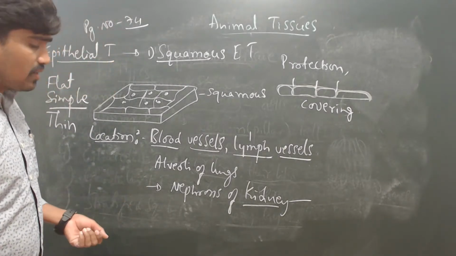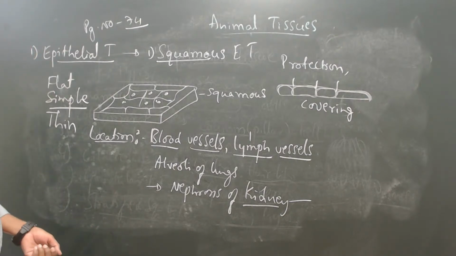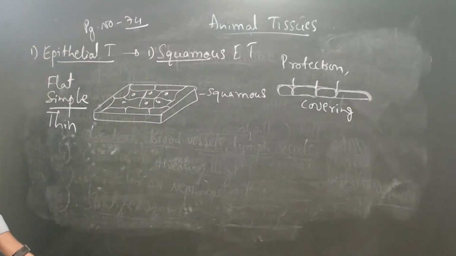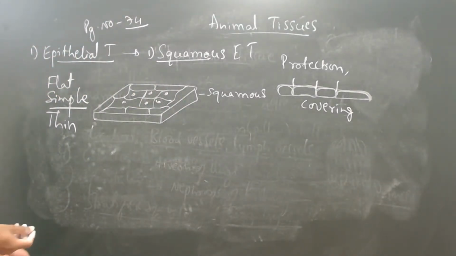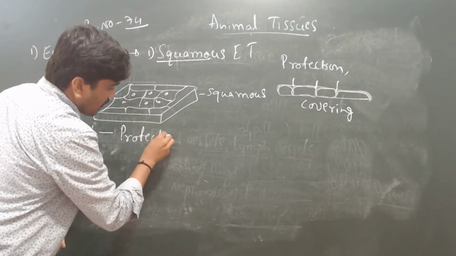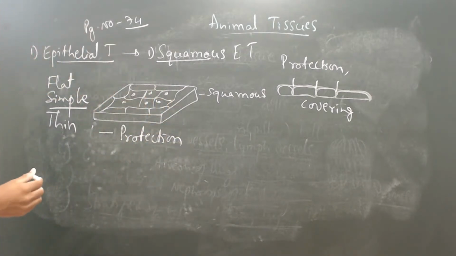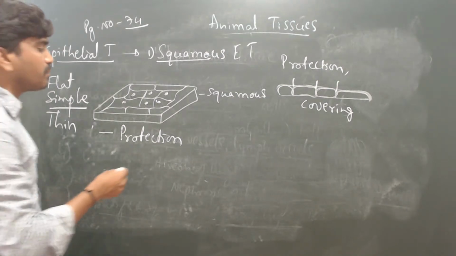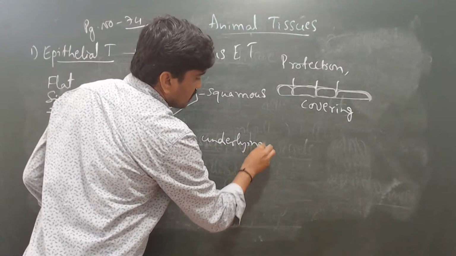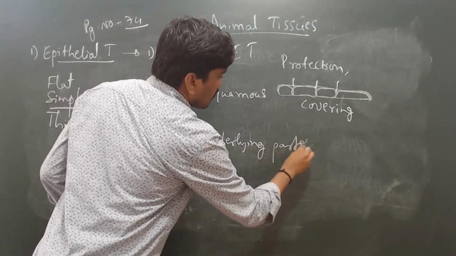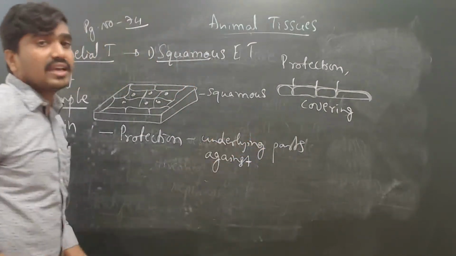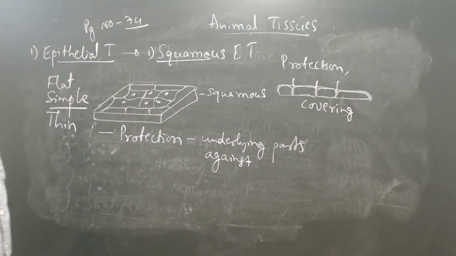Okay, and function. Now, the function of this epithelial tissue is protection. The function of epithelial tissue is protection of underlying parts against injury.